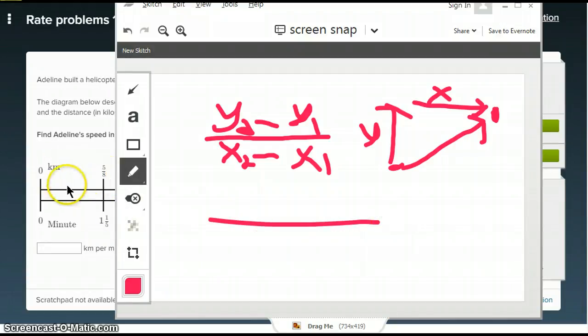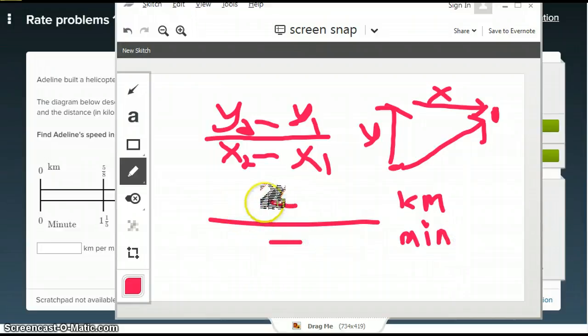So let's do the top. We want it in kilometers per minute. So kilometers is on top, and minutes on bottom. And add the negatives back in. And you get 5/8 kilometer.